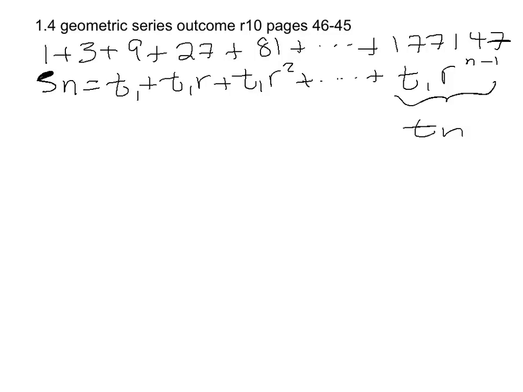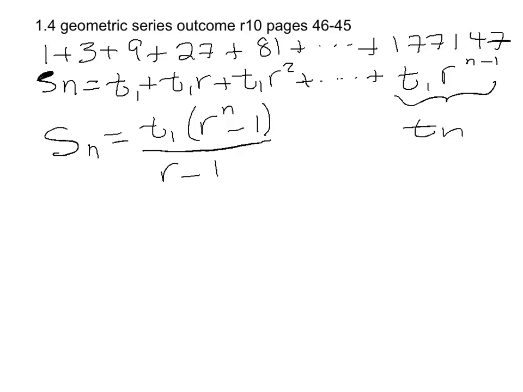So we actually have two formulas that'll sum up a geometric series for us. The first one is Sn equals T1 bracket r to the power of n minus 1, all divided by r minus 1.